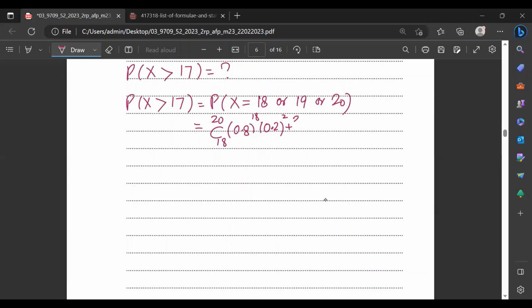Plus 20C19, 0.8 raised to power 19 and 0.2 raised to the power 1. And lastly 20C20 P^R and Q to the power n minus R, which is 0.